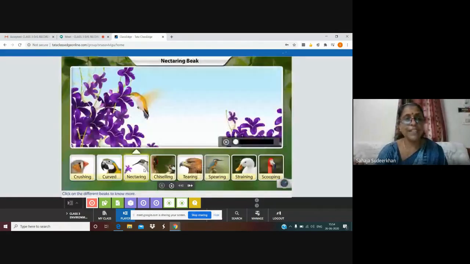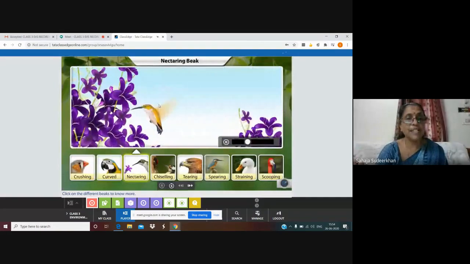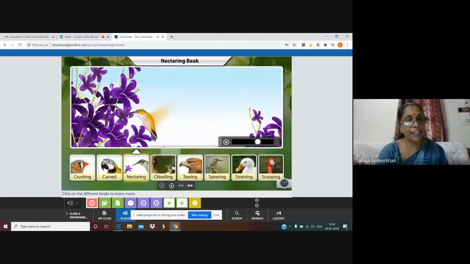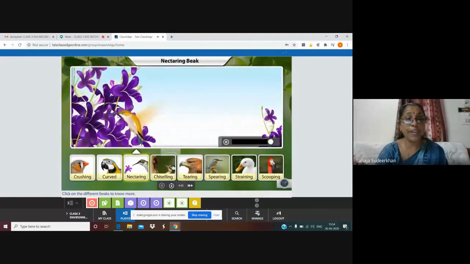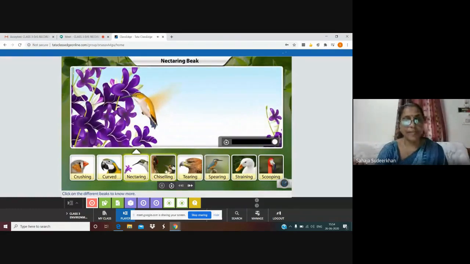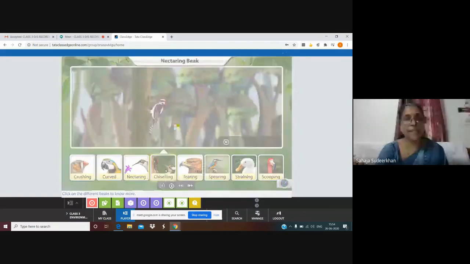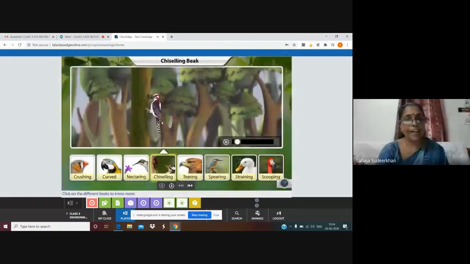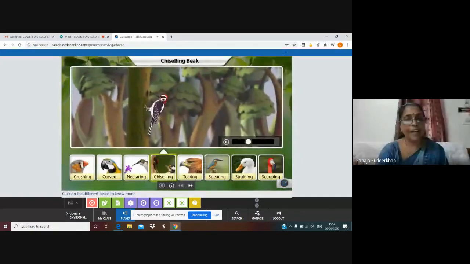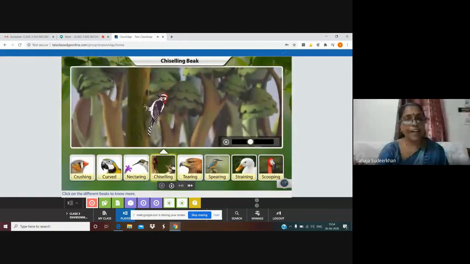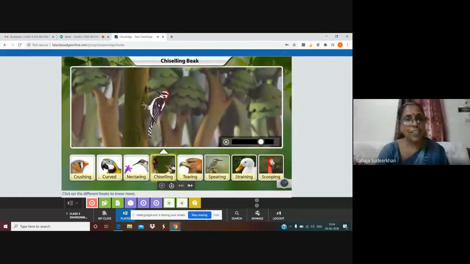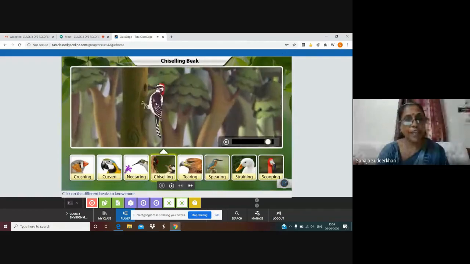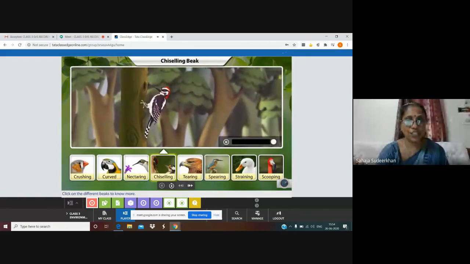See, this is a hummingbird. It has a straw-like beak to suck the nectar from the flower. See, this is a woodpecker. It has a strong pointed chisel-shaped beak to chisel the trunk of a tree to get the insects.